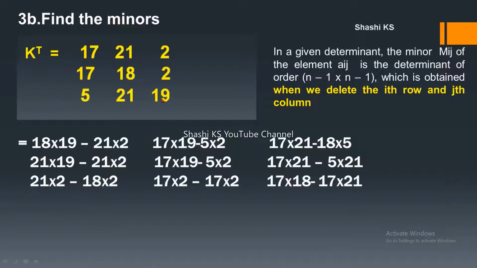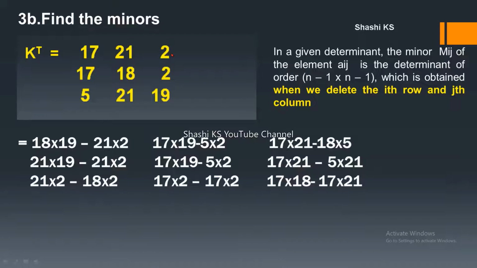Find the determinant of those elements by doing 17 into 19 minus 5 into 2. That will be the minor element value for the element 21, and you place it in the position where 21 was present. Same way we need to do this for all of those elements.